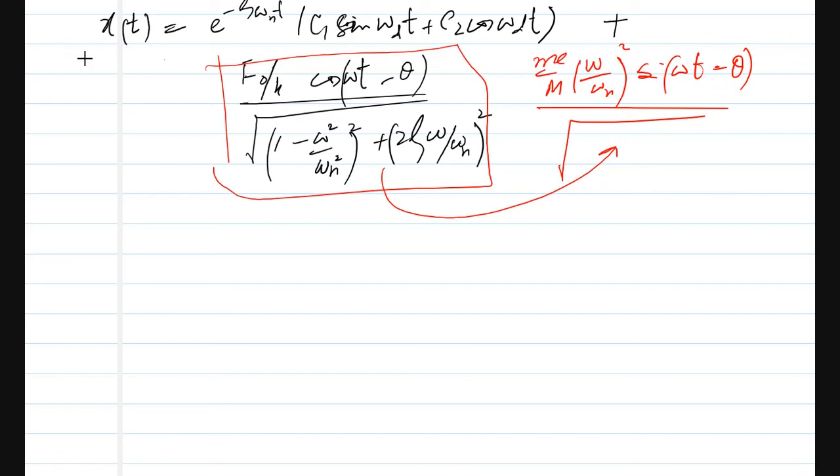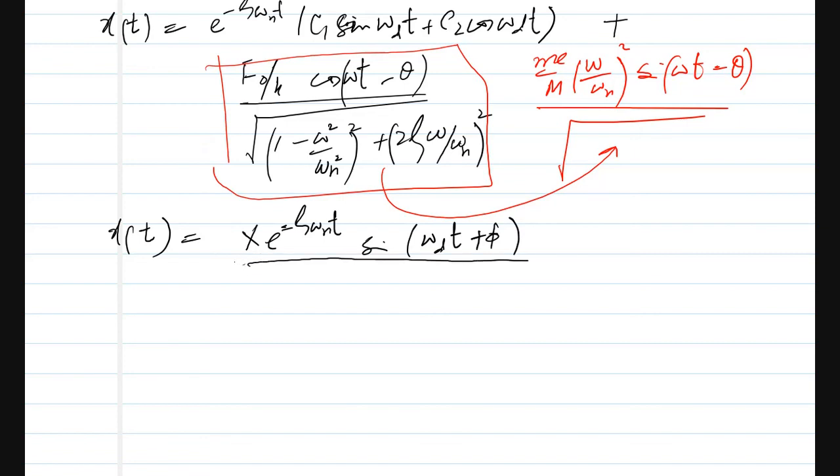Now you also remember that we have written another solution for free vibration, that is x equals e to the power minus zeta omega n t, sine of omega d t plus phi. As I told you when we were modeling free vibrations, this solution is the same as the earlier one; both are solutions of the free vibrations.